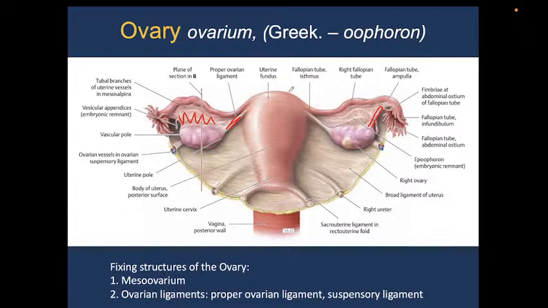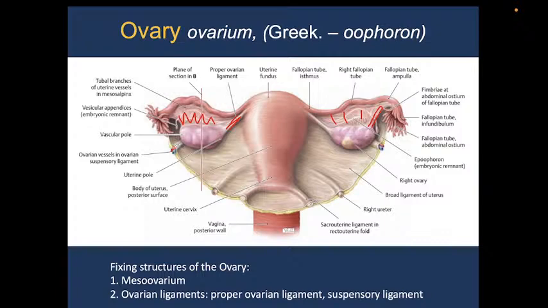The vessels come to the ovary through the mesovarium, and that is visible here. The vessels come in such a way, and sometimes there is another source. So the ovarium has 2 sources of blood circulation.